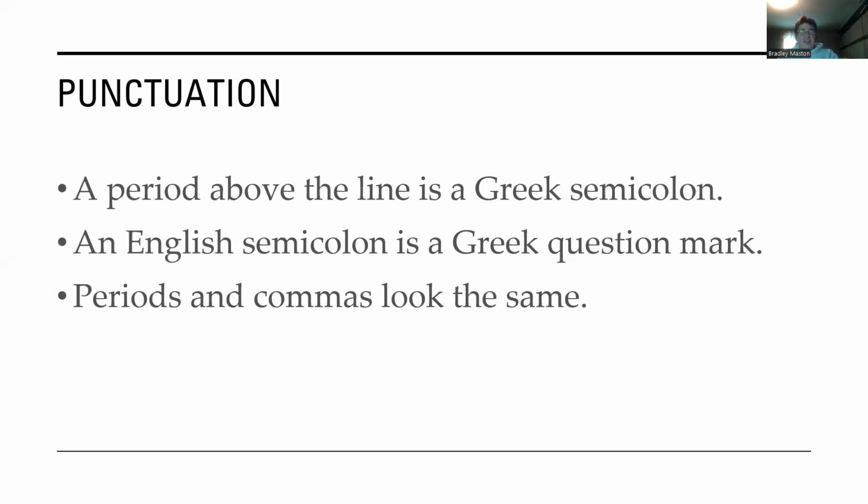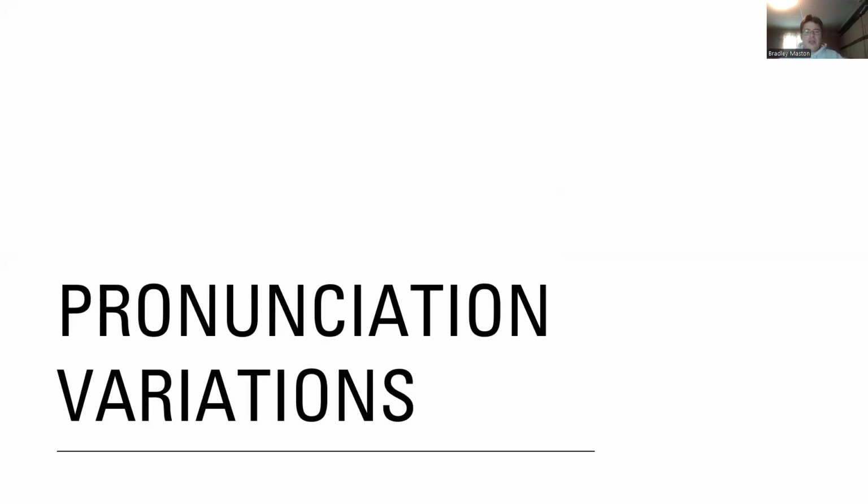I'll say it again: a period above the line is a Greek semicolon. An English semicolon is the Greek question mark, and periods and commas look identical. So write that down again, throw it on a card so you can keep it fresh for a little bit. Once you start encountering it in the Greek text, it'll make all the sense in the world because it's not all that difficult.